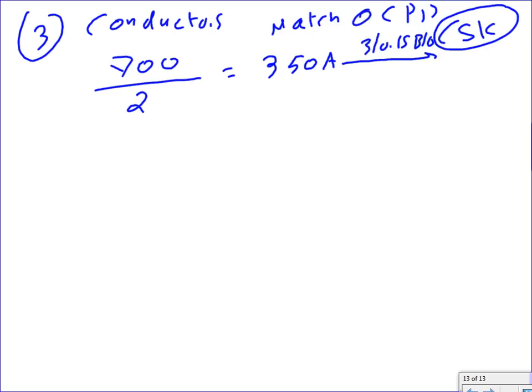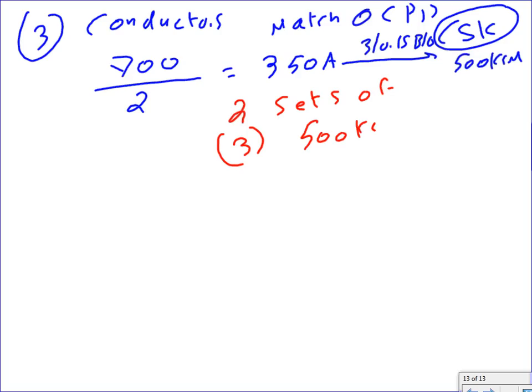So give me a 500 kcmil. 500 kcmil. All my lights. So my conductors will be 2 sets of 3 conductor, 500 kcmil, 3 conductor.